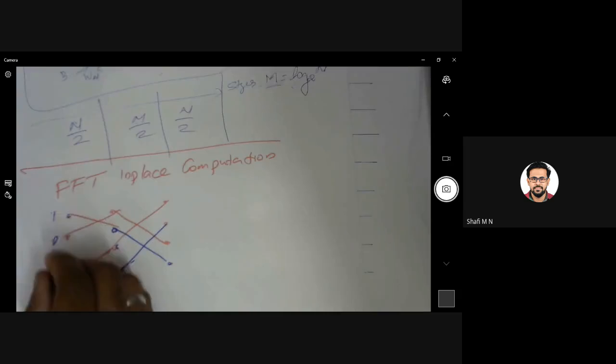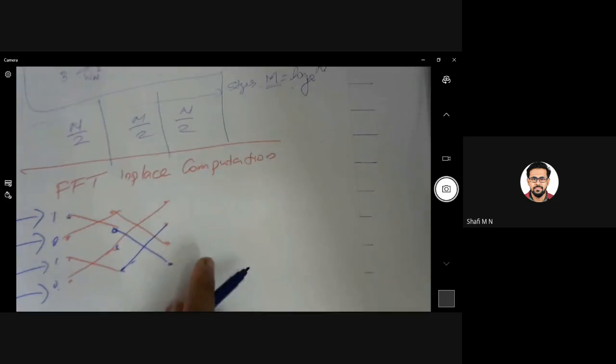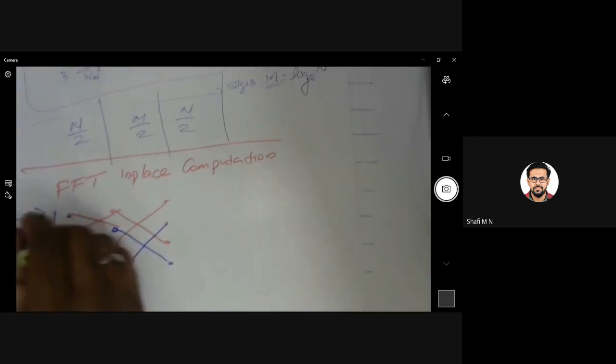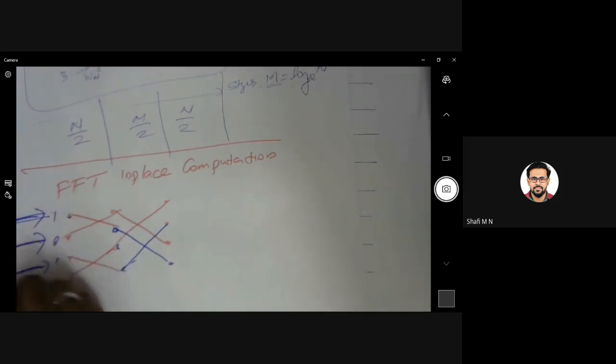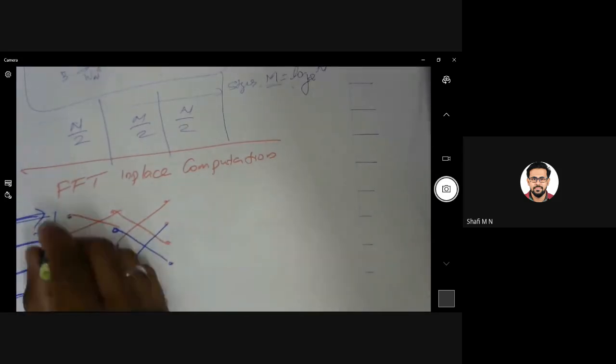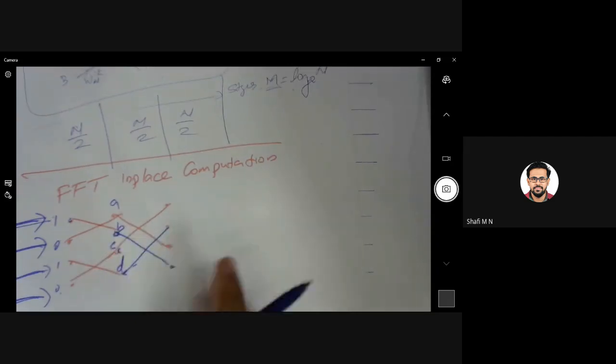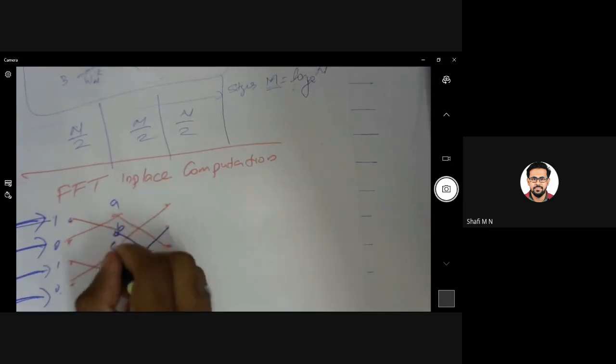This is your input sequence. Say you need 4 memory locations to save these 4 values. Just assume they may be 8 bits each. So after the first stage, you will get some output, say ABCD.